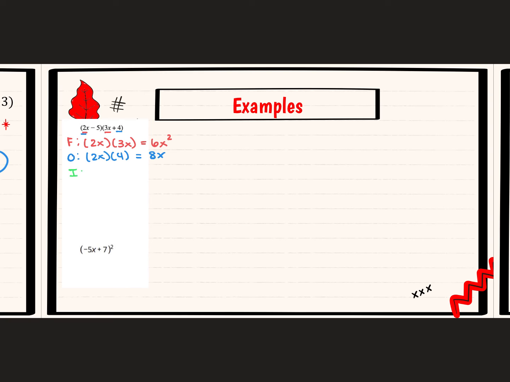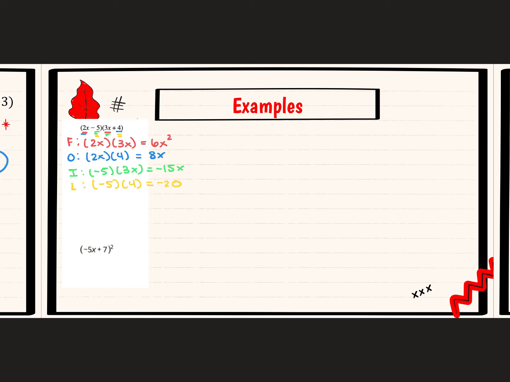I have my inner terms, which is my negative 5 and my 3x, which gives me a negative 15x. And then my last terms, I have negative 5 and positive 4. So negative 5 times positive 4 gives me a negative 20.